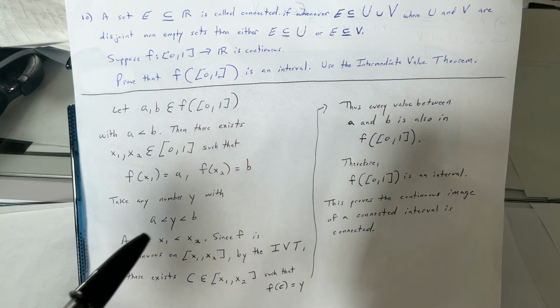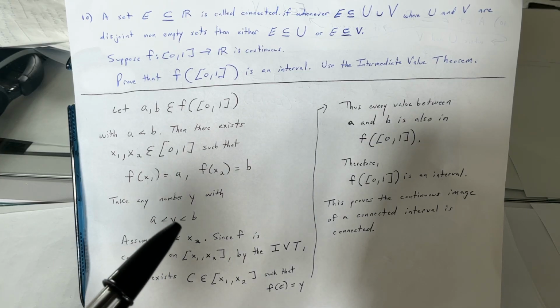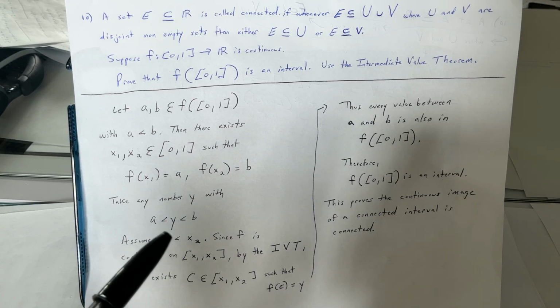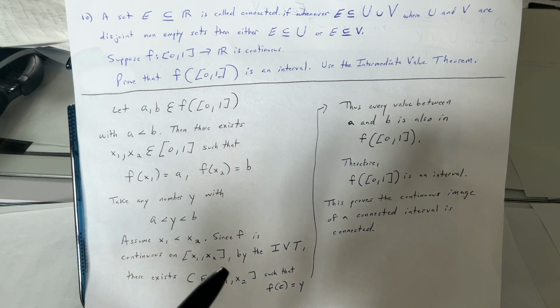Take any number y with A less than y less than B. Assume x sub 1 is less than x sub 2, and since F is continuous on x sub 1, x sub 2, by the intermediate value theorem, IVT, there exists a C in the interval x sub 1, x sub 2 such that F of C equals y.